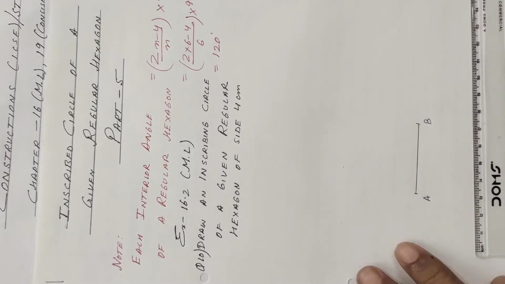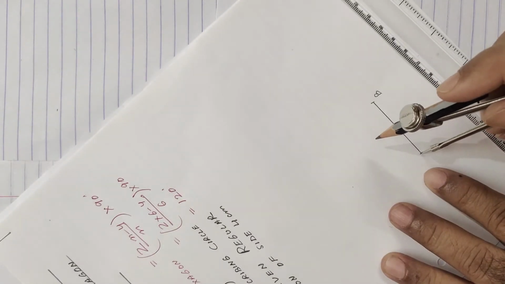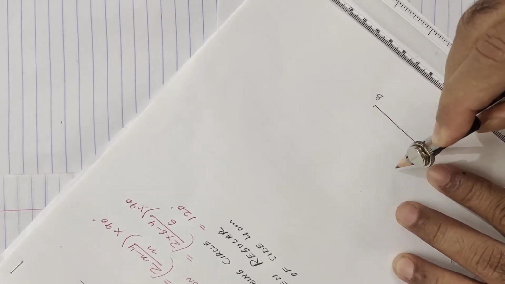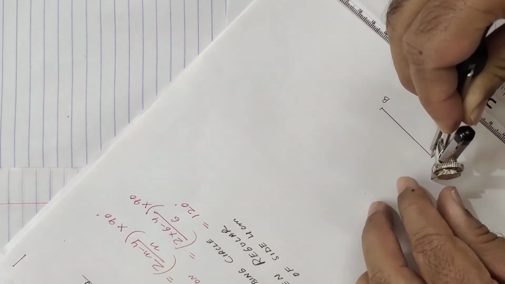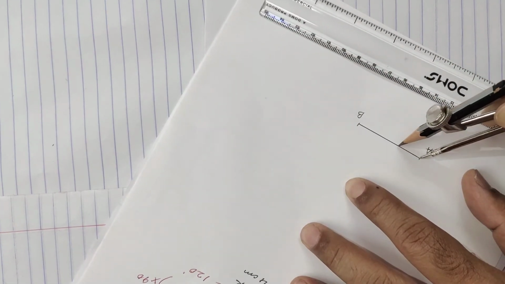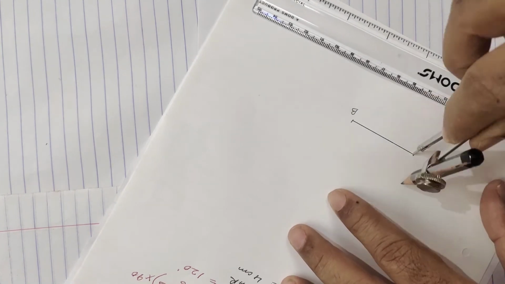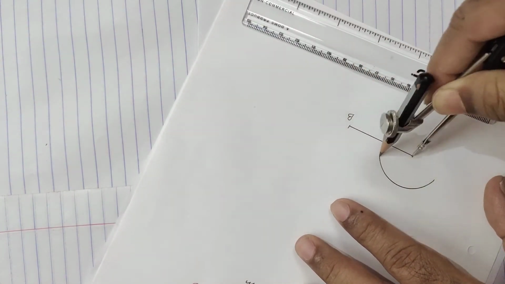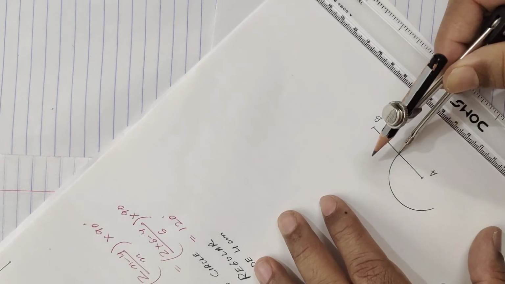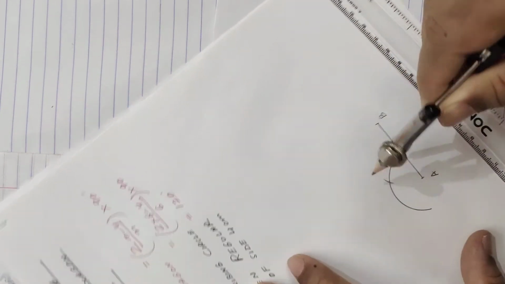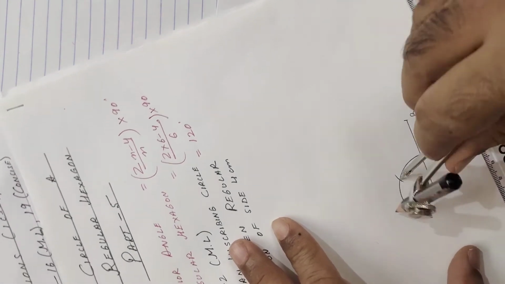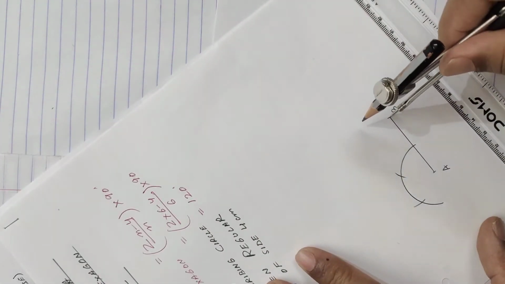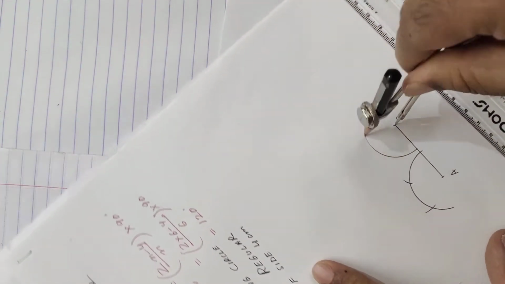You have to use a compass for that. Take a little bit less than half, because we have to do both sides. See that your pencil is sharp, then you will get more accurate values. So at both A and B we draw.